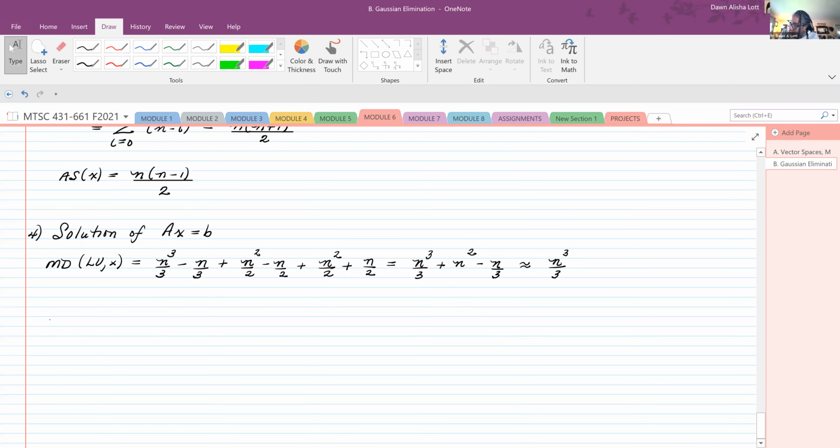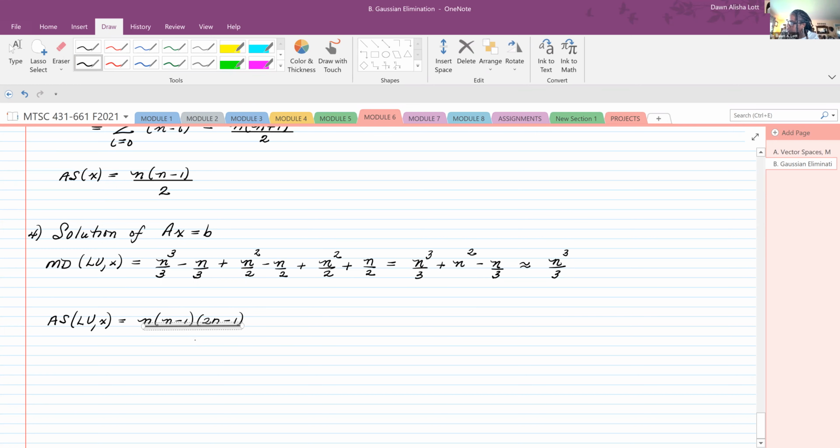And the additions and subtractions of LU to find X is n times n minus 1 times 2n minus 1 over 6.